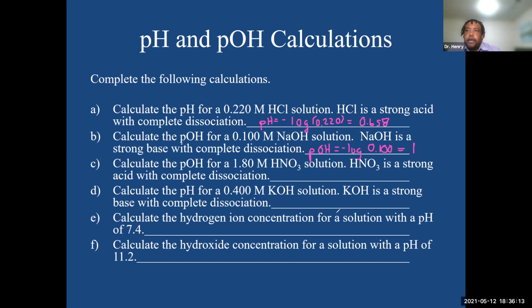Okay, calculate the pOH for 1.80 molar HNO3. HNO3 is a strong acid with complete dissociation. So how would we calculate the pOH?